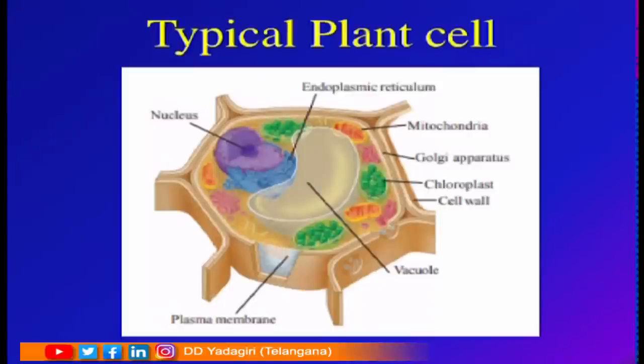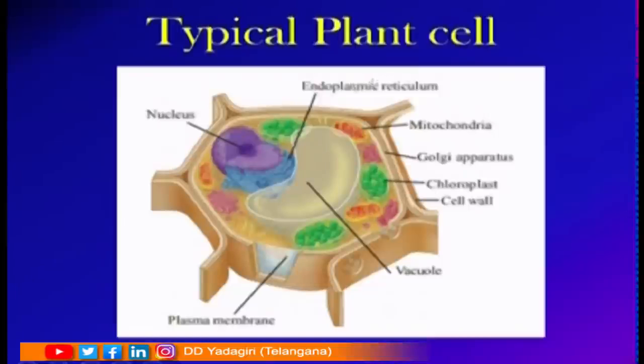So, students, just have a look at this picture. You can see here various parts of a plant cell. This one, can you see here, it is hexagonal in shape. This is the cell wall.